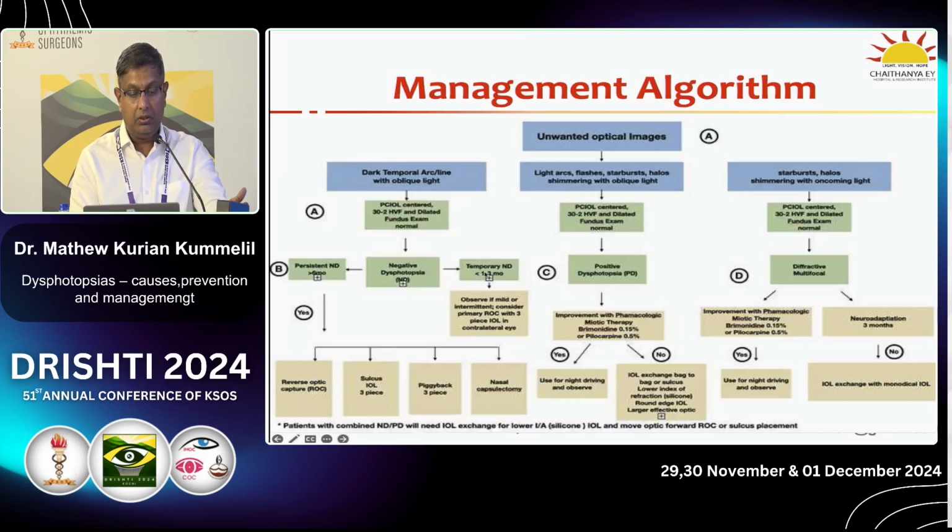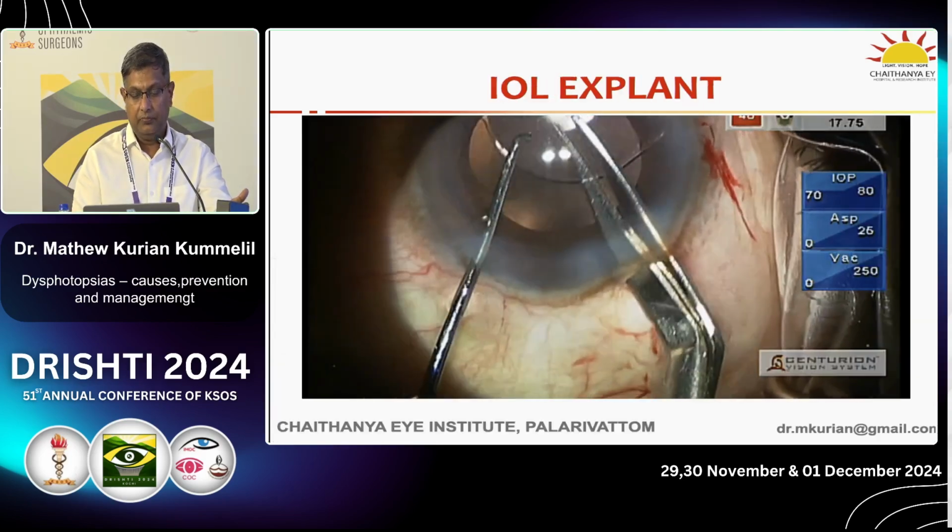The management algorithm is, if it is persistent, you need to look at reverse optic capture, sulcus placement, piggyback IOL, or a nasal capsulectomy. If it is positive dysphotopsia which is managed by drops, then you can continue with the drops, but otherwise you need to consider doing an IOL exchange with a monofocal IOL.